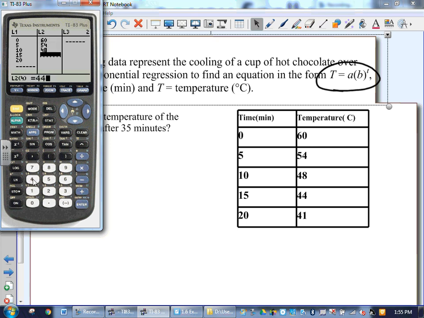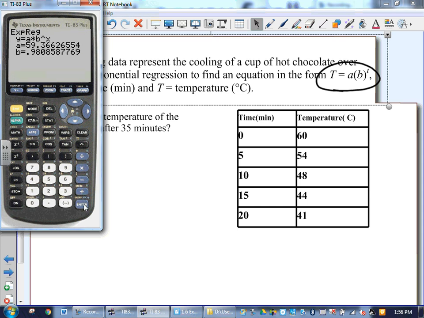Okay. So I have all that entered. And now all of this information, I want to make a calculation on it. So I'm going to press Stat, Calc, and it says I want an exponential regression. So I'm going to scroll down to 0, which is exponential regression. I'm going to press Enter on it, and Enter again, and it will give me that equation.